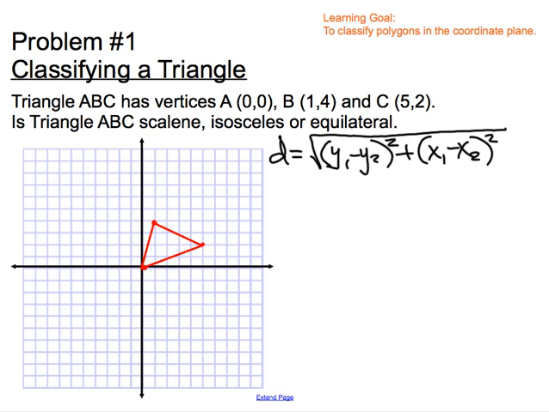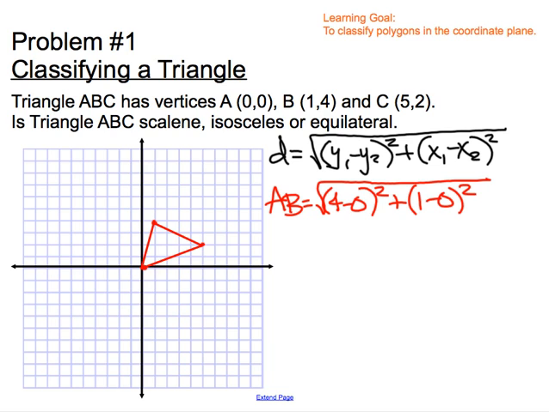Distance is determined by the square root of the difference of the y's squared plus the difference of the x's squared. So first we'll find the distance from A to B. The distance from A to B is determined by taking 4 minus 0 squared and adding to that 1 minus 0 squared and taking the square root of the result. 4 minus 0 squared is 4.